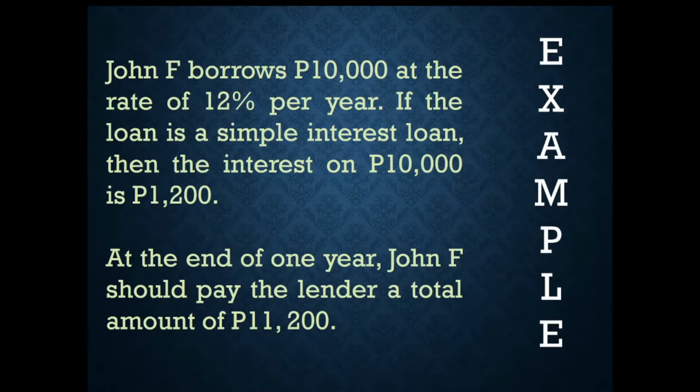So at the end of 1 year, John F. should pay the lender, which could either be an institution, a total of 11,200 pesos, which is the sum of the principal 10,000 pesos and the interest, which is 1,200 pesos.